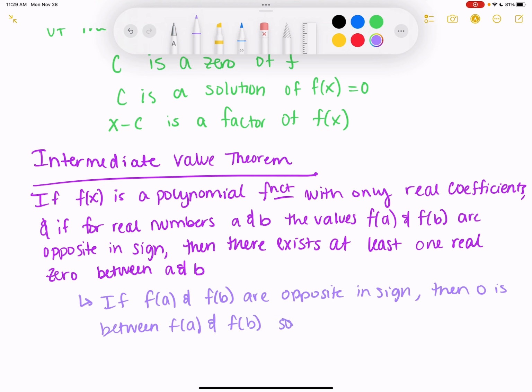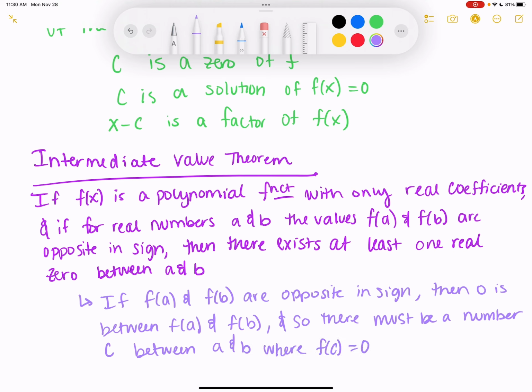So there must be a number c between a and b where f of c is equal to 0, which would be what the zero is.